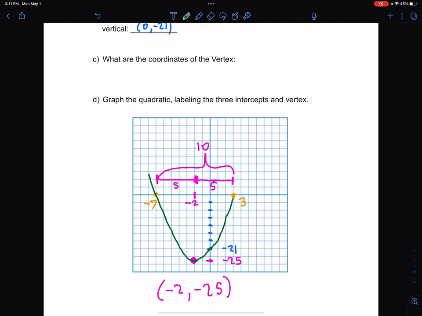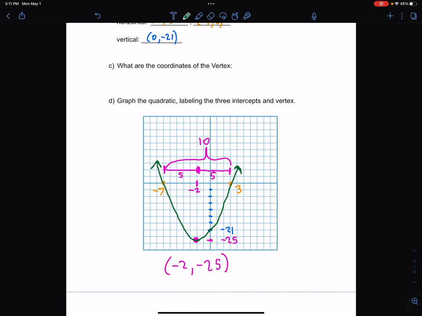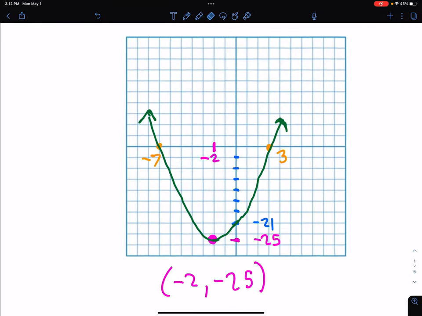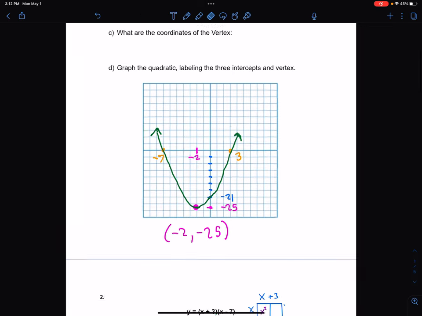Or if you multiply the 2 constants together in factored form and hit this other horizontal intercept, bada bing, bada boom. You don't really need this part right here. That was just to help us find the x value of the vertex. And that's what your graph should look like right there.